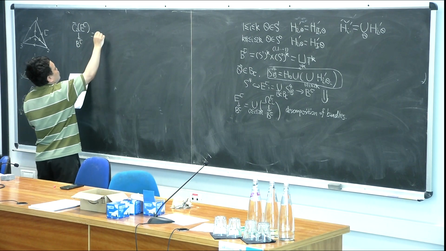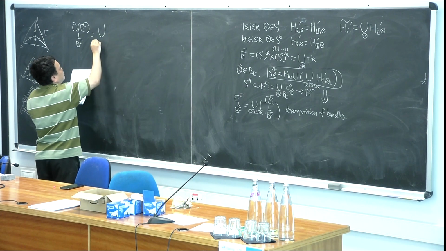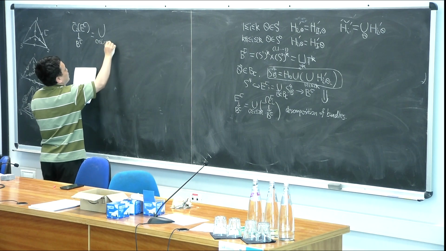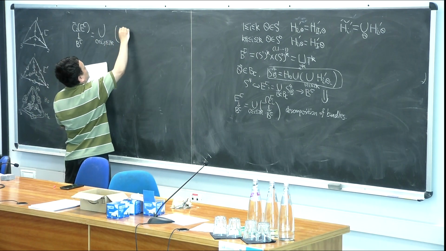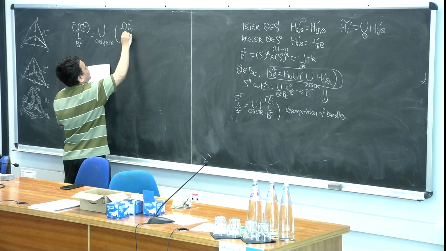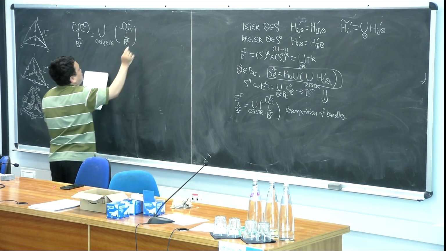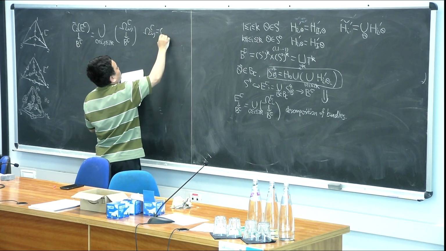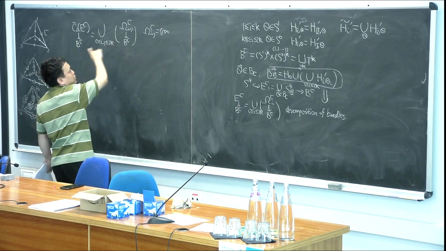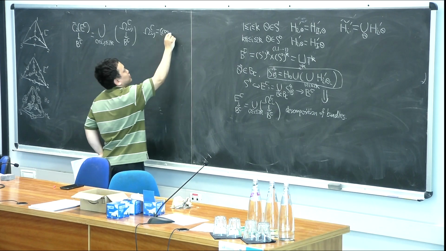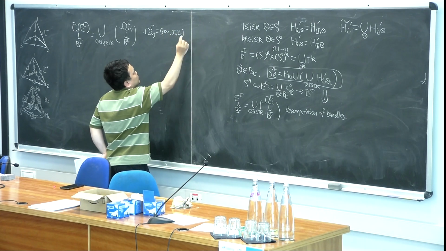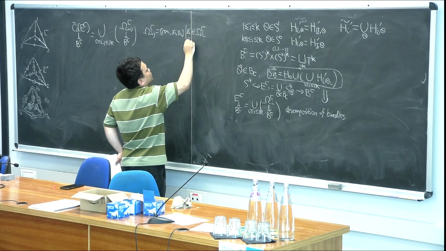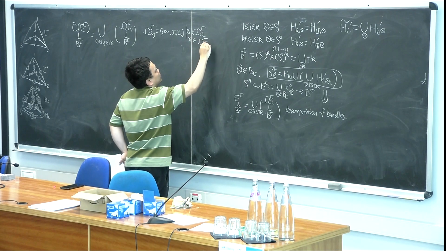This is decomposed into the union of omega gamma i j over B gamma, where omega gamma i j consists of points, we always put the first coordinate to be infinity, so that's always fixed, x1, x2, such that x1 belongs to omega gamma i, x2 belongs to omega gamma j.